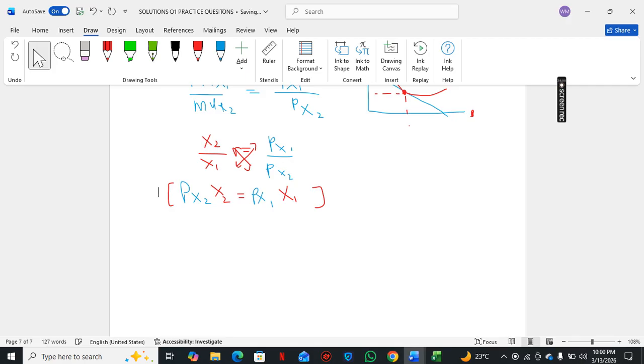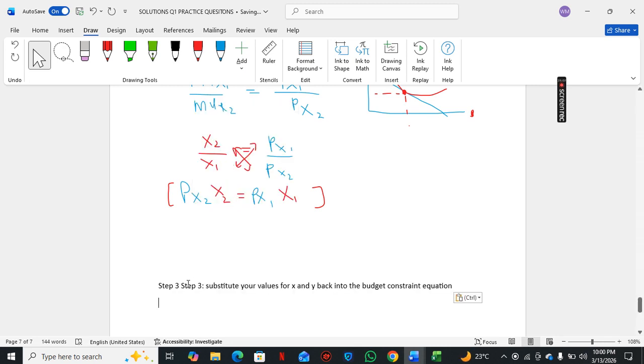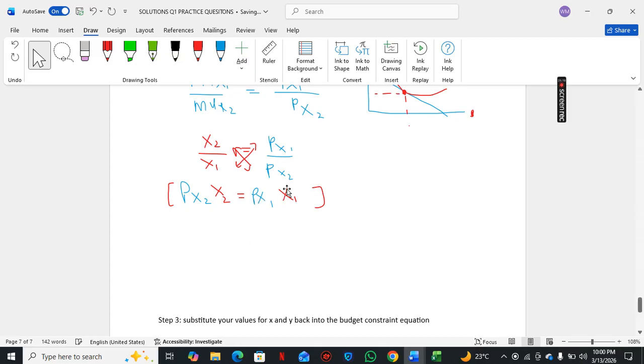So before we say we're done with step 2, we just need to do one more thing. When we get this expression, PX2 X2 equals PX1 X1, make X1 and X2 the subject of the formula.